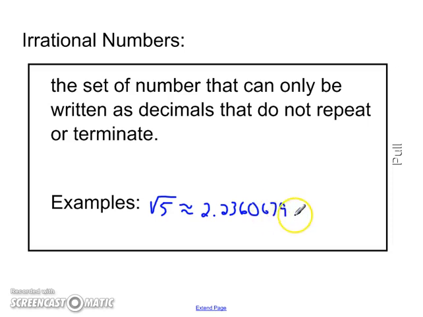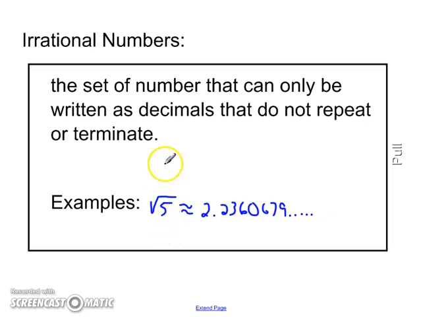This number actually is a non-repeating, non-terminating decimal. It goes on forever, never repeats, never comes to an end. So in this particular case, we're talking about an example of an irrational number.